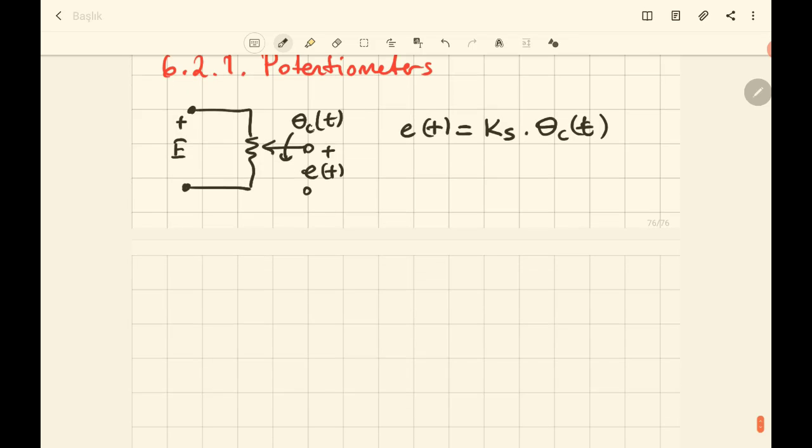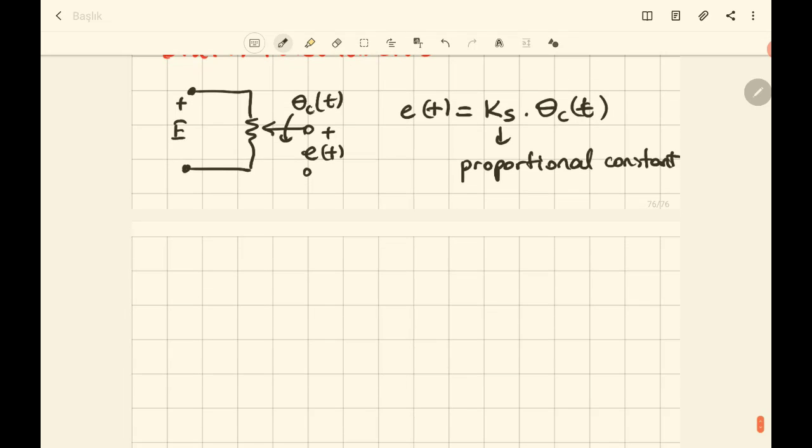What does Ks mean? Ks is the proportional constant. For the turning potentiometer, the total displacement of the variable arm can be set to 2 pi n.